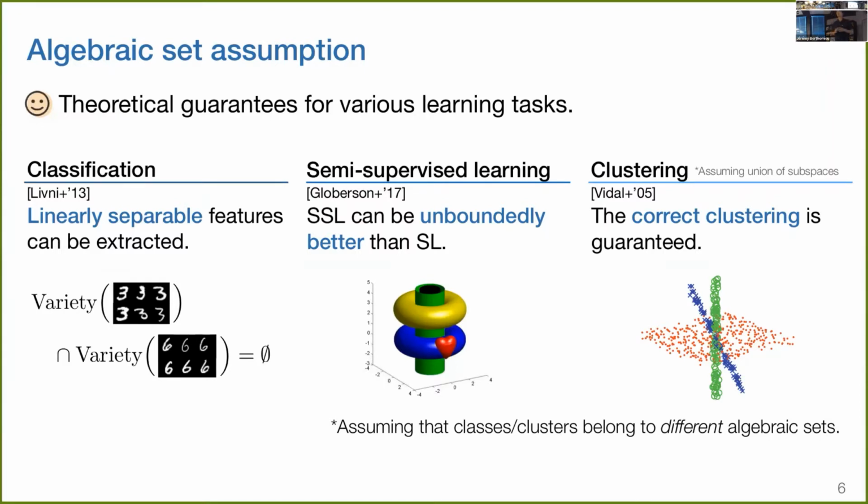Usually in machine learning, people assume data comes from some low-dimensional manifold, which is everywhere smooth, but data can come from some space which has singular points. So we want to consider algebraic sets, and actually there are several works showing that if we assume data comes from an algebraic set, then we can prove something good that cannot be proved by assuming manifolds.